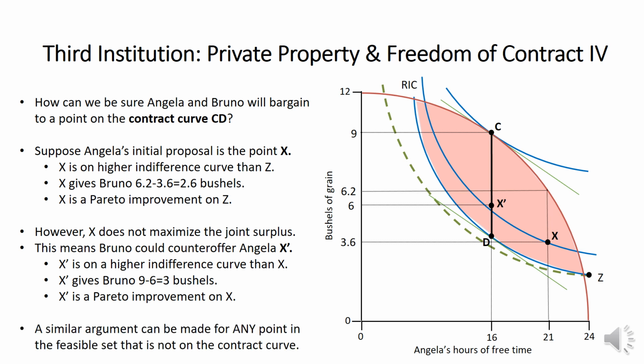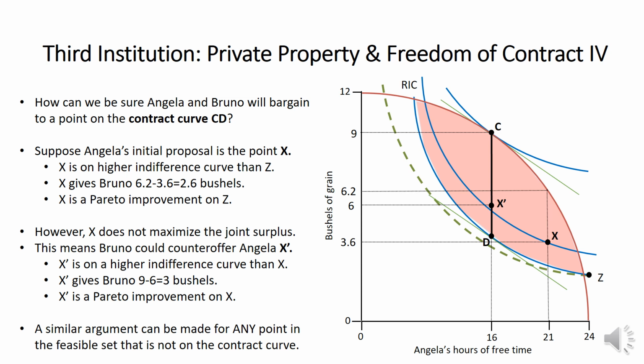Now, you can take any point in the feasible set and make a similar argument about it relative to some allocation on the contract curve.